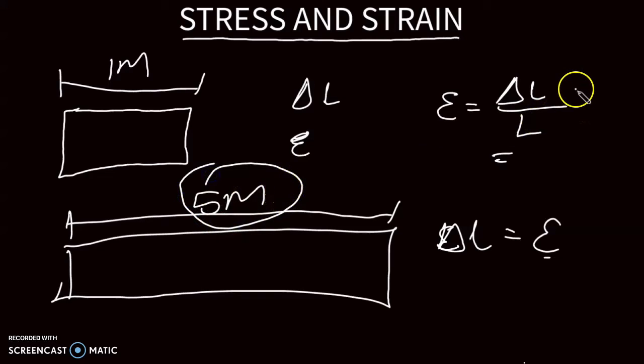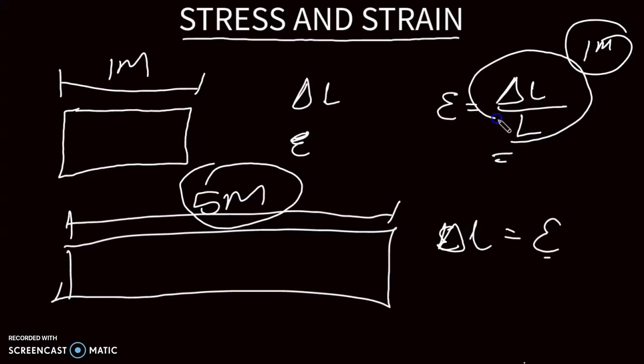We want the change in length now caused by a 1 meter length. That is why we are going to use this formula, and that we are going to call the strain. The strain is the change in length per unit length, and it's calculated by change in length divided by length. And we know this is meters.